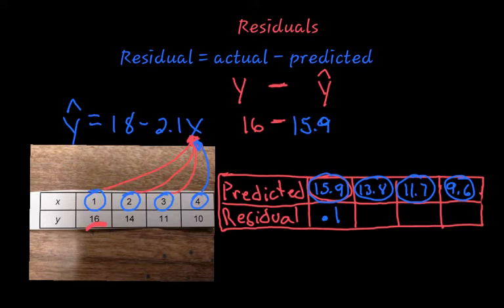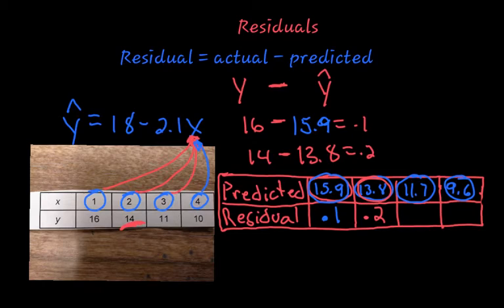Now the next one: you get the next y value, 14, minus the next predicted value, which is 13.8. And 14 minus 13.8 is 0.2. So this equals 0.2, and this equals 0.1.